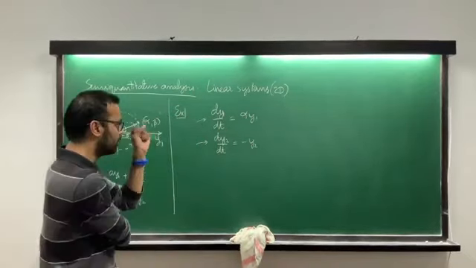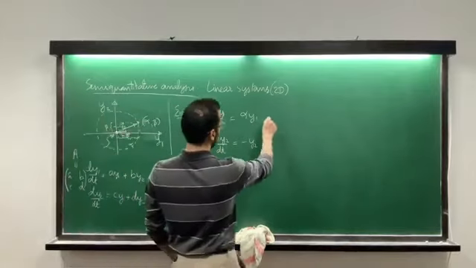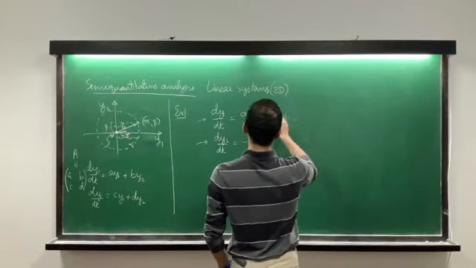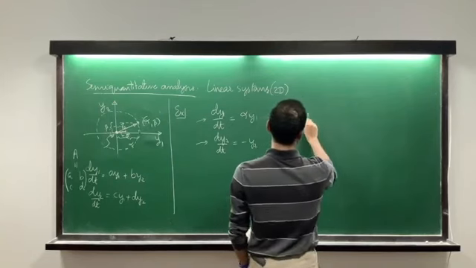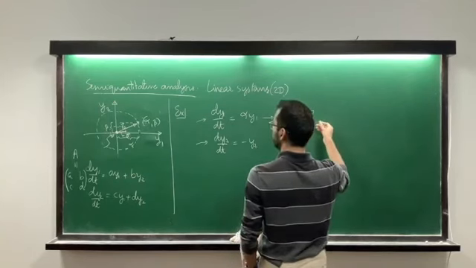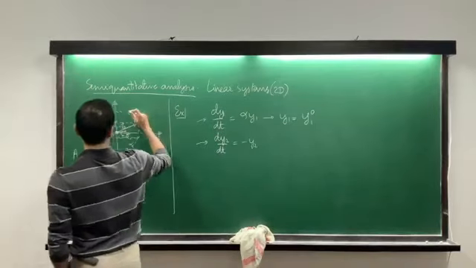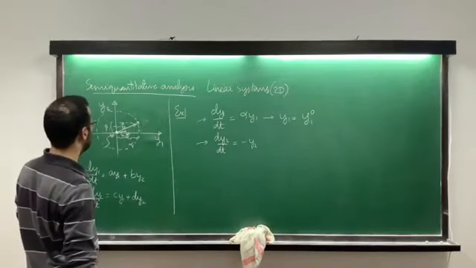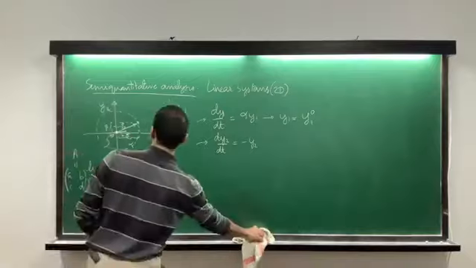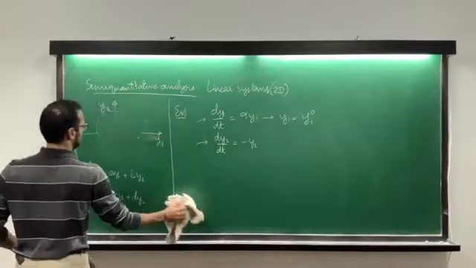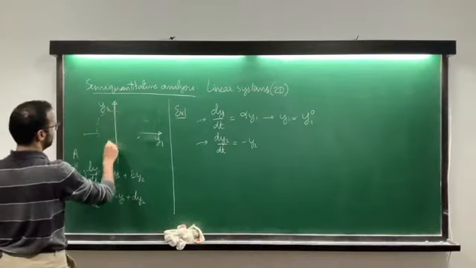Now, how does this behave? Now we know how this behaves, of course, because this is the most trivial ODE you can ever see. Let me redraw this diagram. It's too cluttered now.